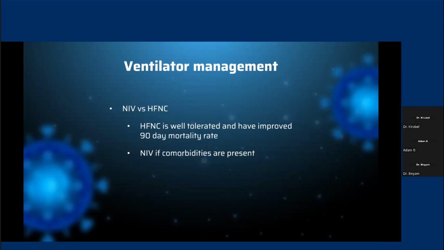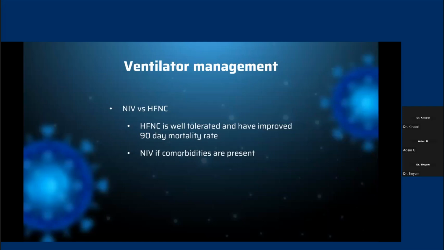The fourth approach is ventilator management, adjusting the ventilator settings. So we'll talk about ventilation management of ARDS patients, okay? First we'll start with the non-invasive ones, okay? From the non-invasive options, non-invasive ventilation versus high-flow nasal cannula.